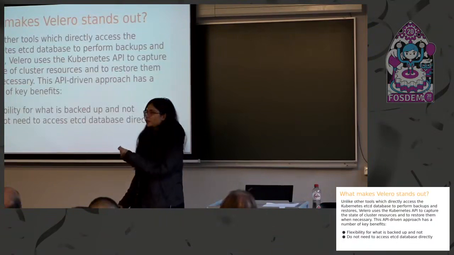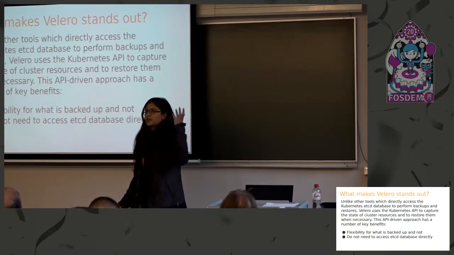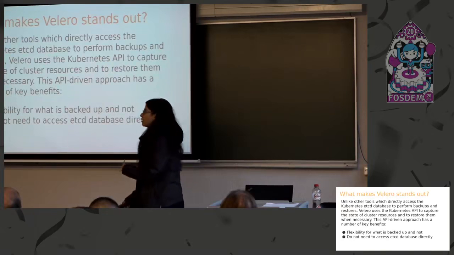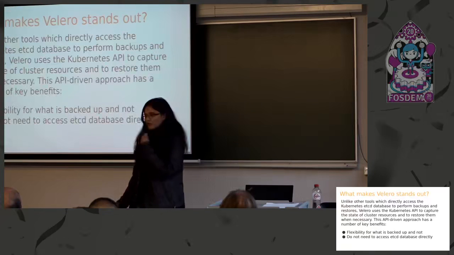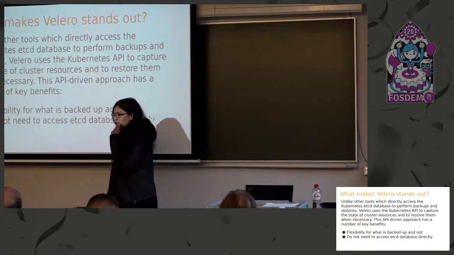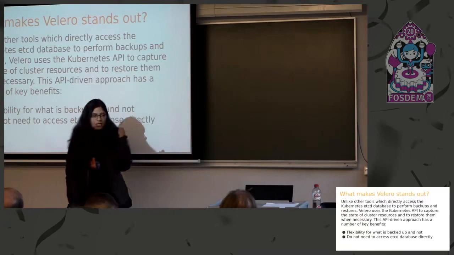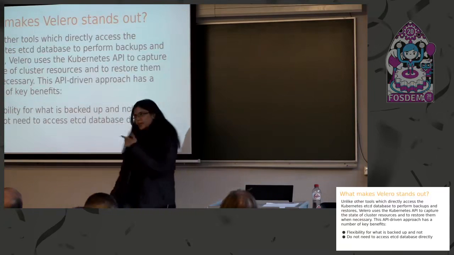So you can mention in your command line that, for example, your application is running MySQL, so you just want your MySQL namespace to be backed up. All the resources in that particular namespace will be backed up. And if you mention that the type of resource is pod, all the pods will be backed up. Or if you have connected your resources using labels, then you can also provide a label selector.